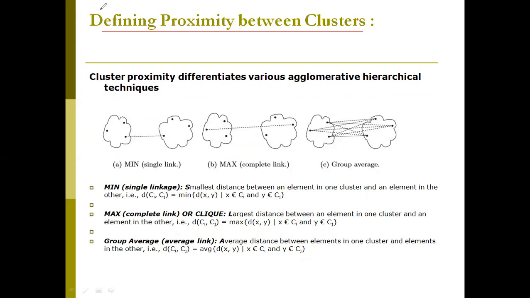One task is merging of individual clusters. The second task is splitting of a cluster into multiple clusters. These two tasks are performed in hierarchical clustering: one is agglomerative clustering and the second one is divisive clustering. Under agglomerative we are merging the clusters, and in the divisive technique we are splitting the clusters, isn't it?